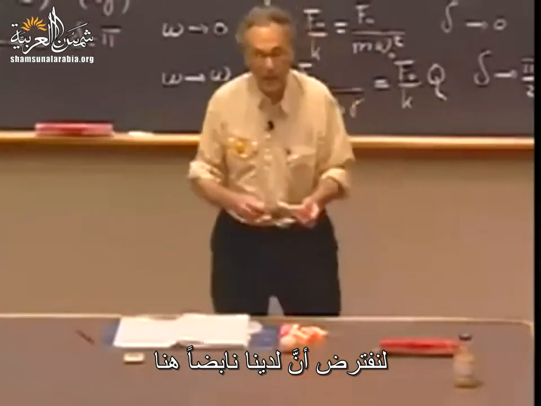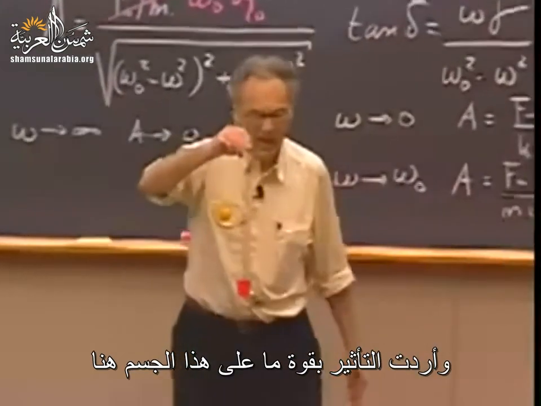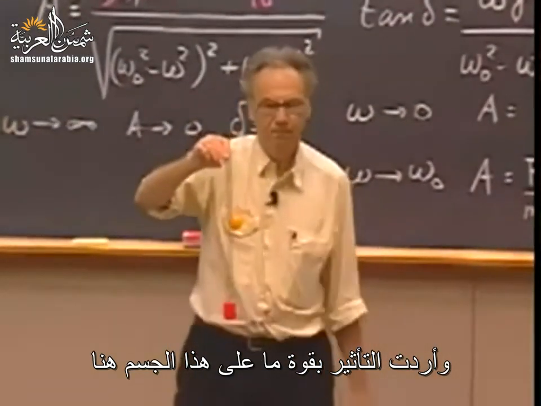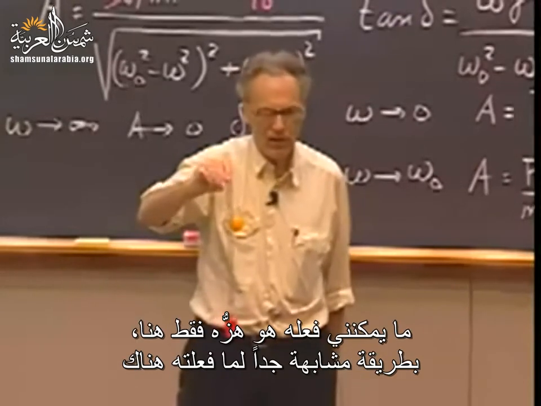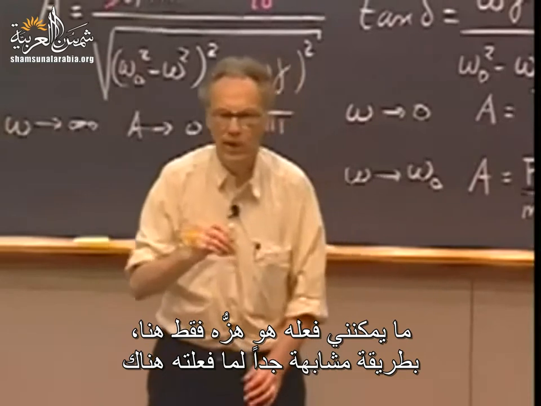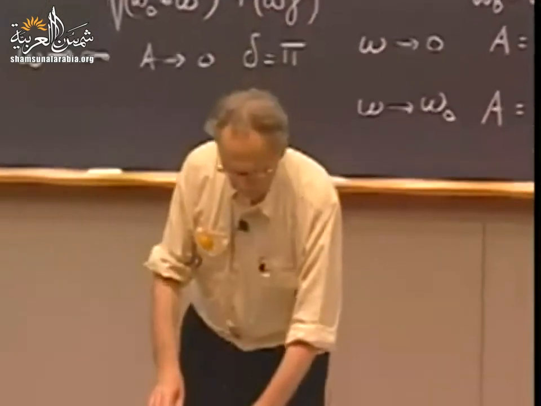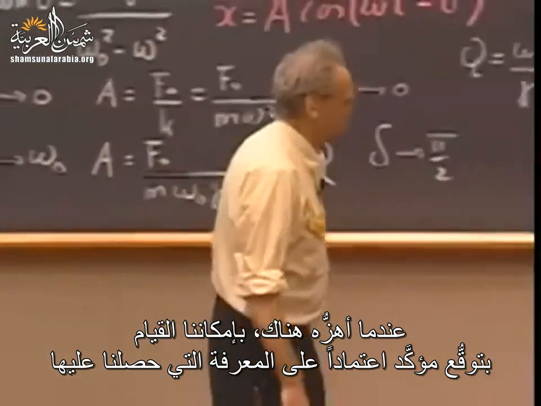Suppose I had a spring system like this, and I want a force on that object here. Well, what I can do is just shake it here in a way extremely similar to what I did there. And when I shake it there, we can make certain predictions.